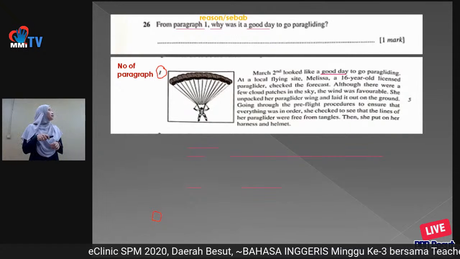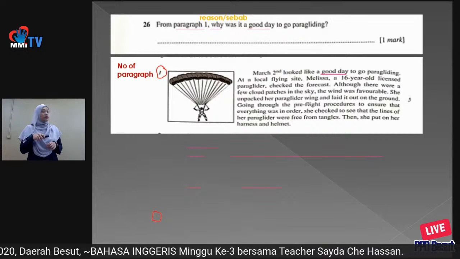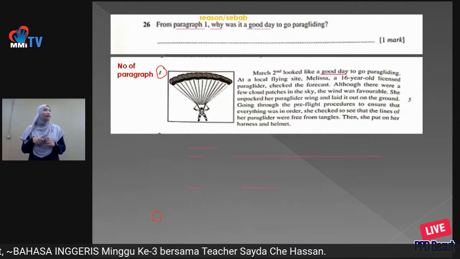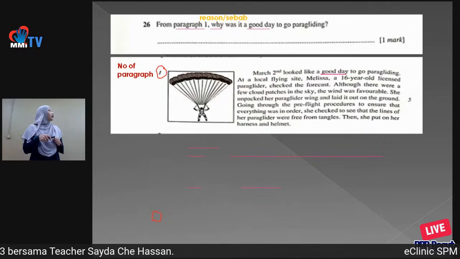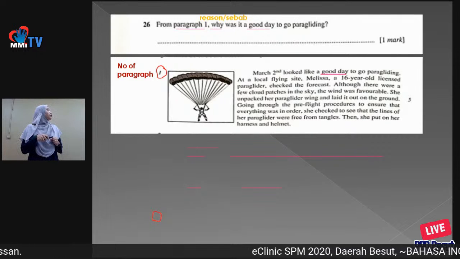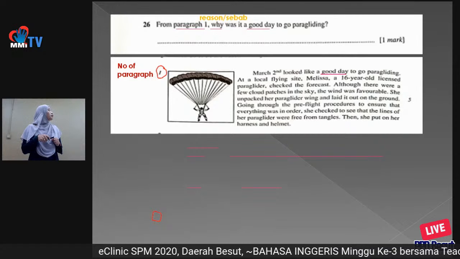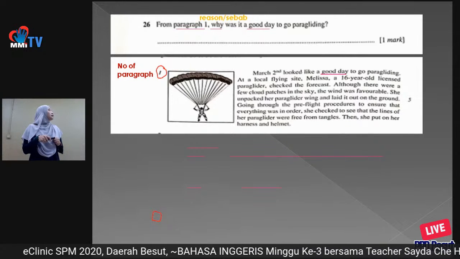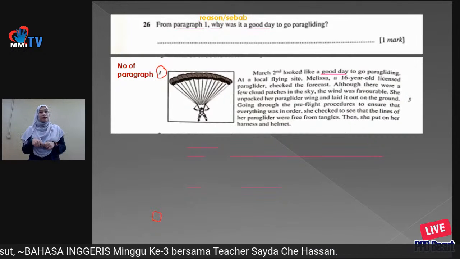Because if you read the next sentence, tak ada dah to say that those are the reason. Let's read first. She unpacked her paraglider wing and laid it out on the ground. Going through pre-flight procedures to ensure that everything was in order, she checked to see that the lines of her paraglider were free from tangles.